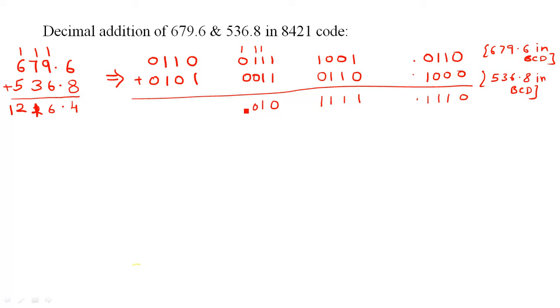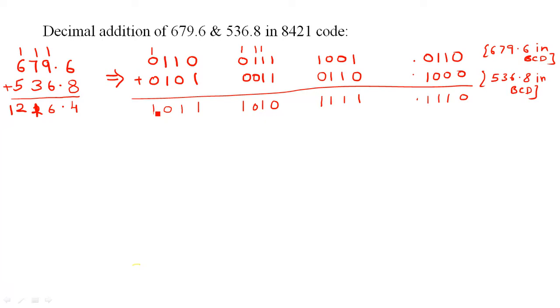So 1 plus 0 is 1, 0 plus 1 is 1, 1 plus 0 is 1, 1 plus 1 is 0, carry 1, and 1 plus 0 is 1. So in this we can say there is no carry, but as you can see all groups are having illegal codes because they are greater than 9.